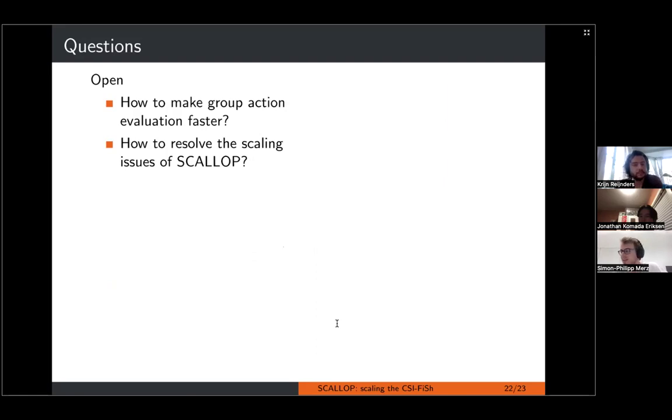But as you have heard multiple times in this presentation, there are a few open questions or further work to do, mainly how to get this entire thing faster to make it more practical, and also how to further resolve scaling issues of SCALLOP.